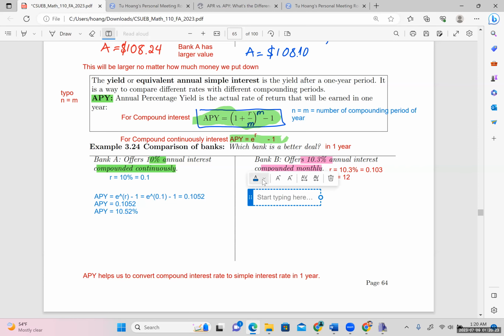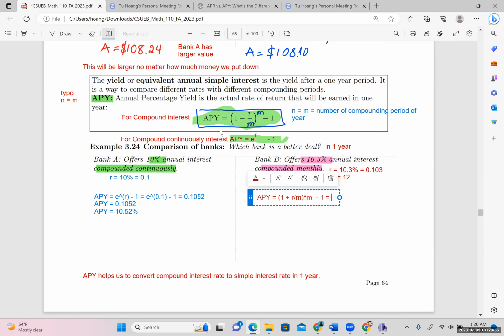For bank B, let's find the APY. Because we are using compound interest, it's gonna be 1 plus R divided by M, raised to the power M, and then minus 1. Yes, and then substitute now.